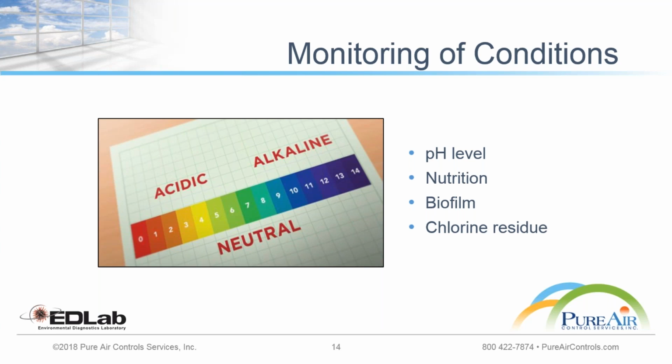For Legionella, though, it is important to understand what is the pH of the water, what is the availability of the nutrition, whether there is a biofilm in this particular water or not, and the chlorine residue. I guess these 4 points are very, very important, beside the temperature, that also play a very important role to figure out whether it is a favorable condition or not a favorable condition for Legionella growth.